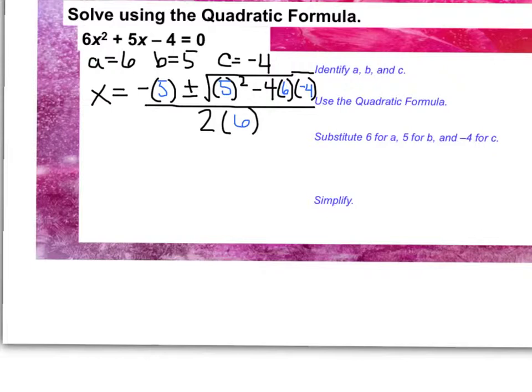Before we simplify, I was going too fast. Here's a strategy that I learned last year from a textbook: if you circle and simplify this part first, it makes it very easy to take the square root and simplify the whole quadratic formula. We just have to remember the order of operations. Exponent is first, and I get 25.